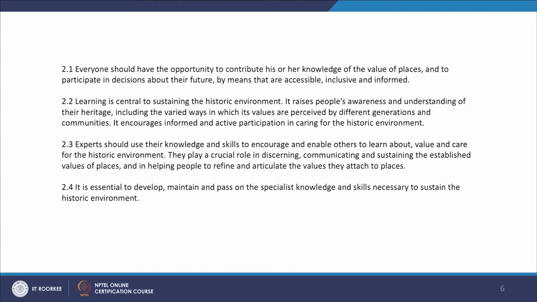So they also have to make their own efforts in how we can value this, because that is where the whole communication of the heritage, and the potential risks we have, and how we have to protect this heritage, and how we can establish and re-establish the value of the places, so that it can help the people to refine and articulate the values they attach to the places.